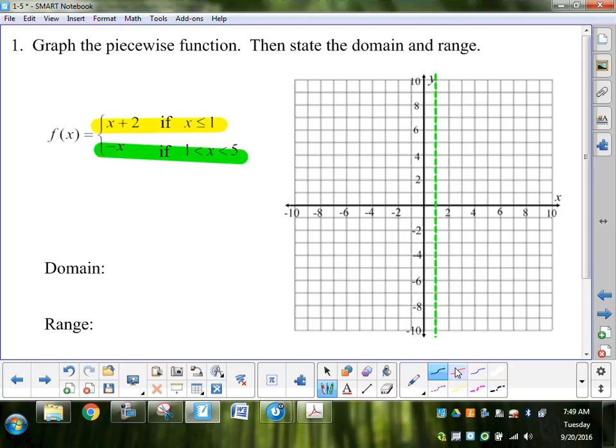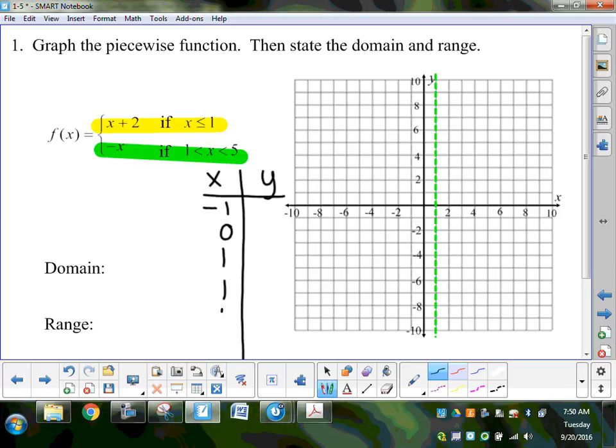So I go through and say, all right, this is my x and my y. I'm going to give out some values here. The switch occurs at 1, so I'm obviously going to need to use 1 twice. Let's say I'll do -1, 0, then I've got 1, 1, so that ends the yellow graph and starts the green, then I do 2, 3, and so on. We can continue that pattern because both are linear.